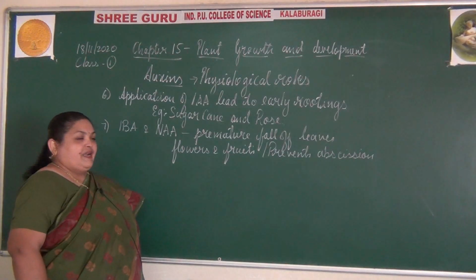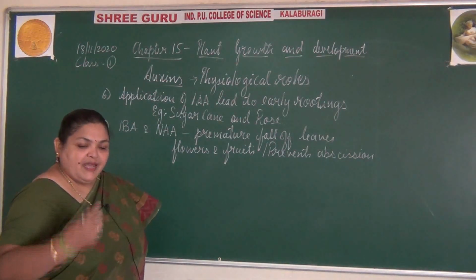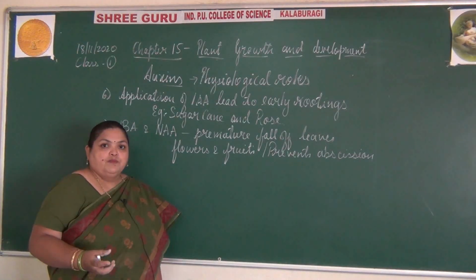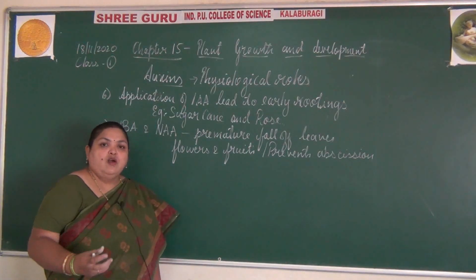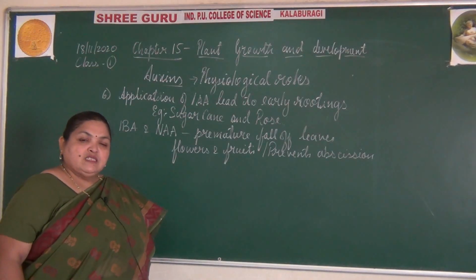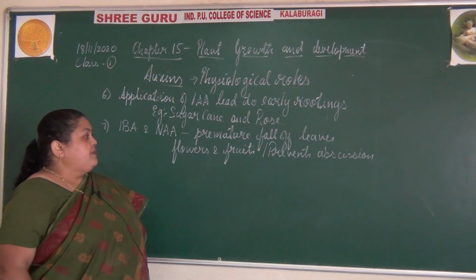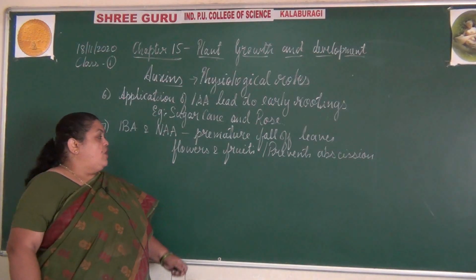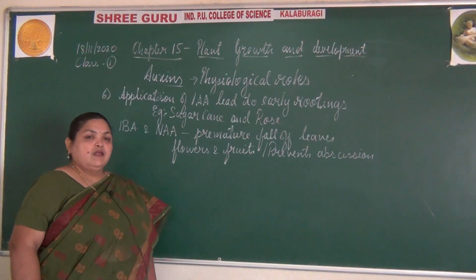So the synthetic auxins like indole butyric acid and naphthalene acetic acid will prevent the premature fall of the leaves, that is, before they ripen or before their development. If they fall early, that is called premature fall. But auxins will prevent the premature fall of the developing leaves, flowers and fruits.